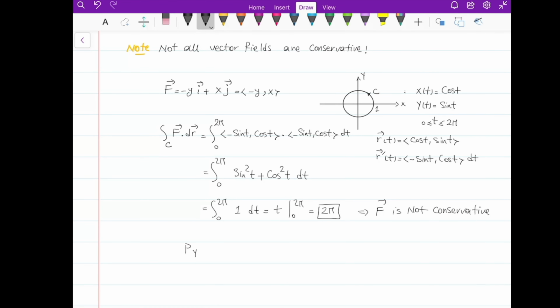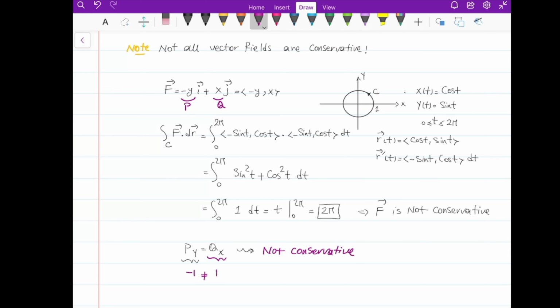P with respect to y should be equal to Q with respect to x. What is P with respect to y? P is this one. The first coordinate, we call it P. The second coordinate, we call it Q. P with respect to y is negative 1. Q with respect to x is 1. Since negative 1 and 1, they are not equal to each other, so the vector field is not conservative.